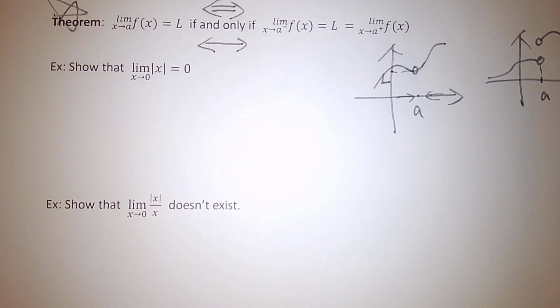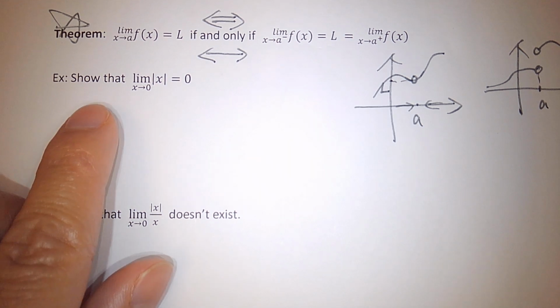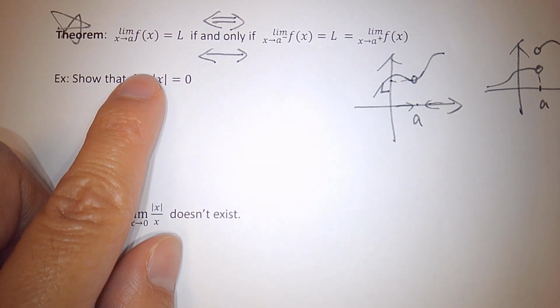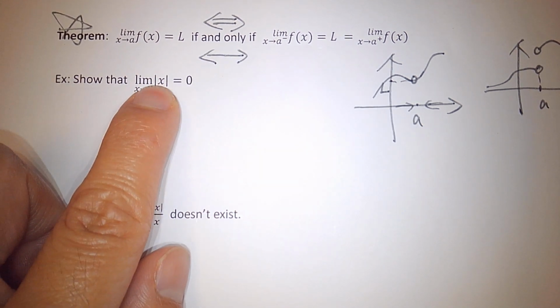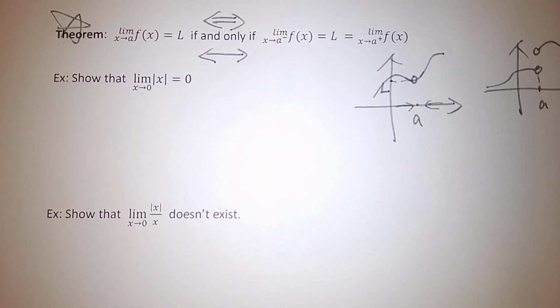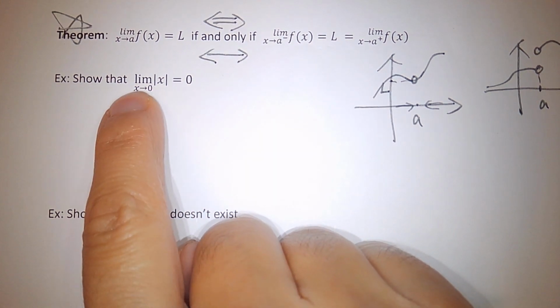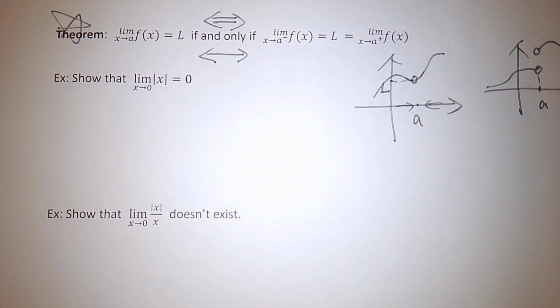Now we have these two examples to show or prove that the limit of the absolute value function of x as x approaches 0 equals 0. How can we prove it?